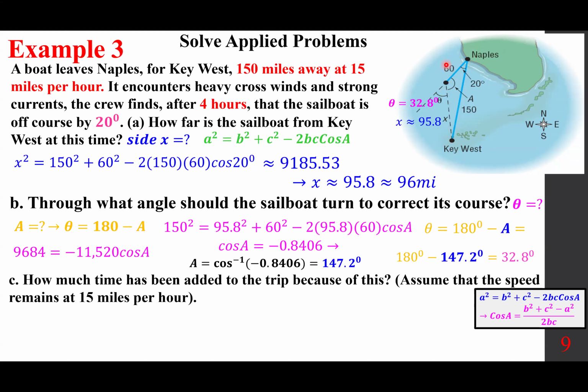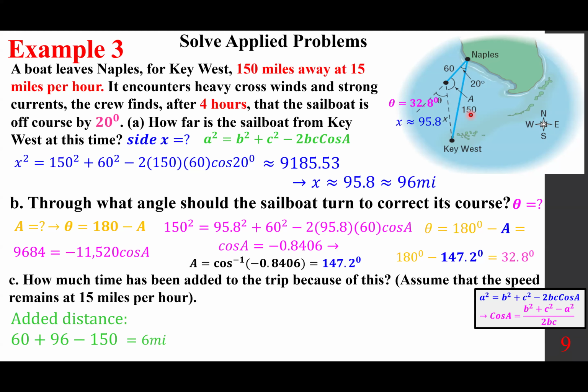So this total distance, if we subtract the 150, it shows how much we've added. So added distance is the sum of these two numbers minus what we need. We had to go 150 miles. So the difference is 6 miles.